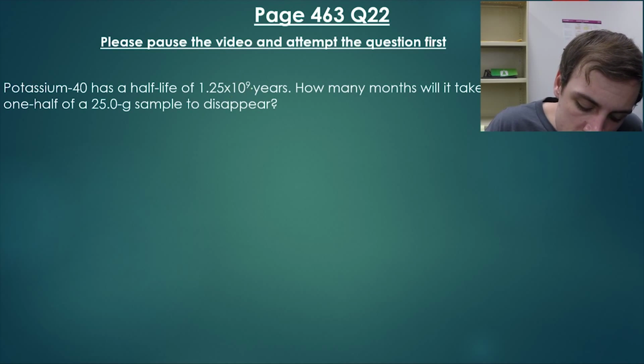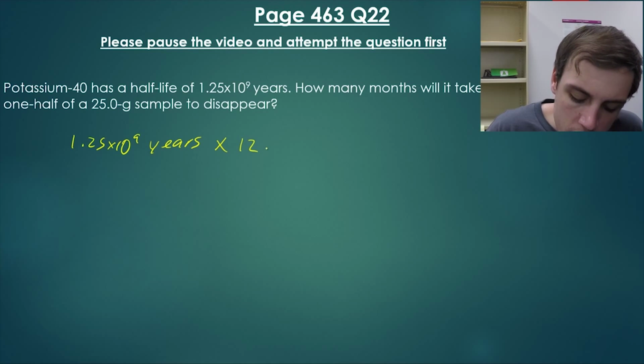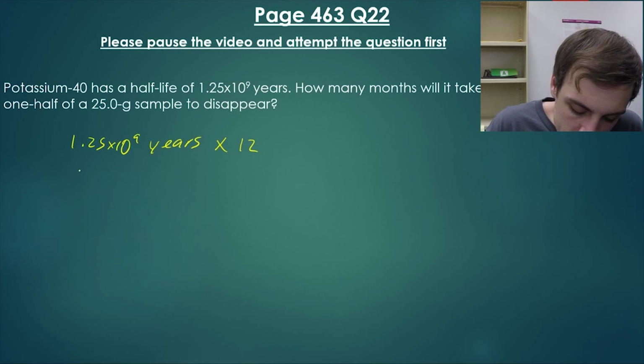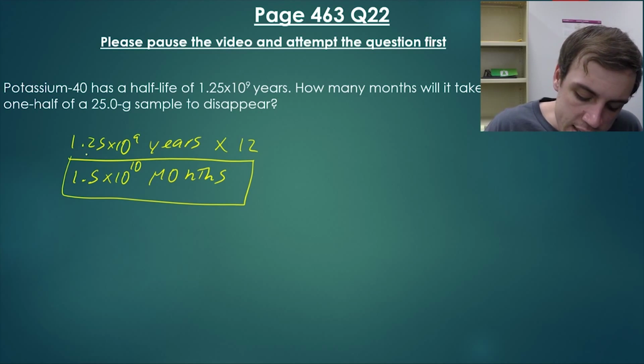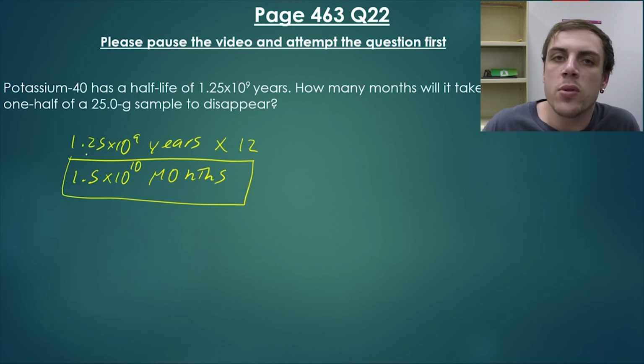So all we need to do is take this number, 1.25 times 10 to the 9 years, and multiply that by 12, because that's our half-life in years, so we just convert it to months. So 1.25 times 12 gives us 1.5 times 10 to the 10 months. And that is our half-life of potassium 40 in months. That's how long it's going to take a 25-gram sample to halve.